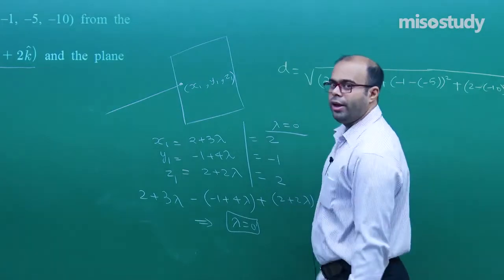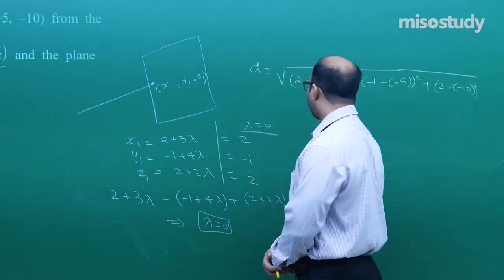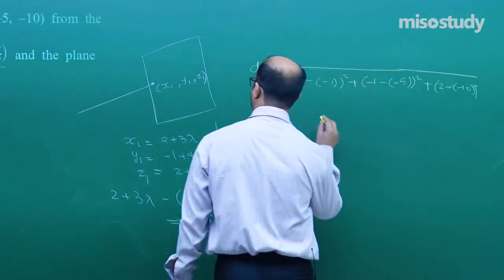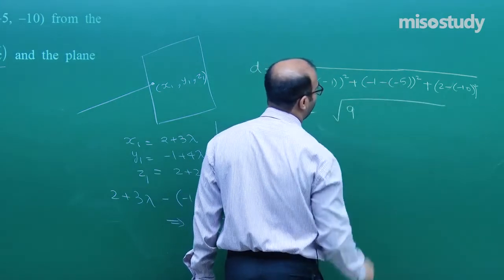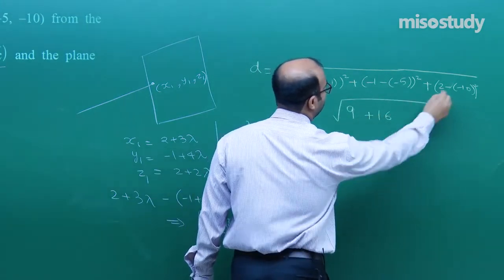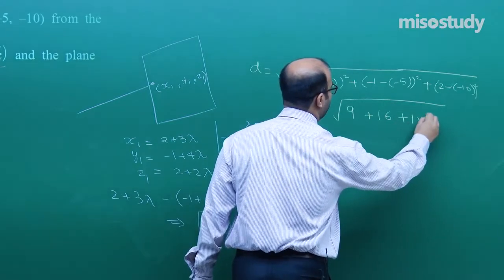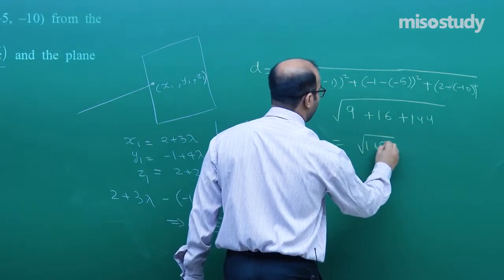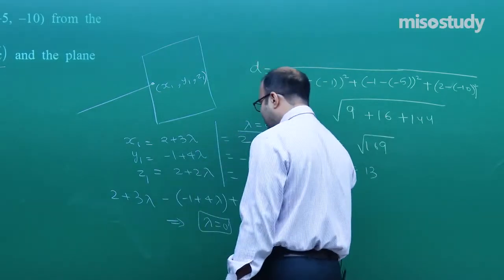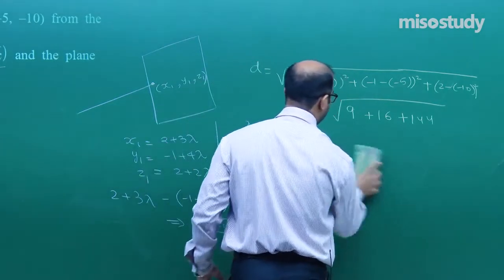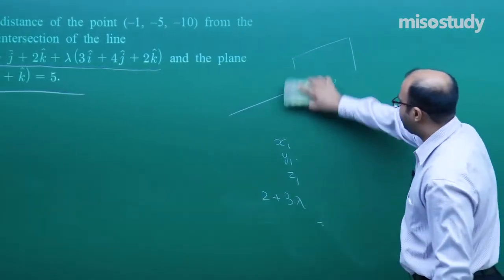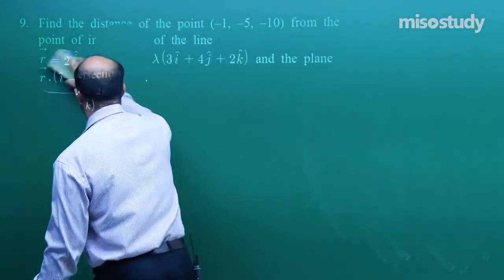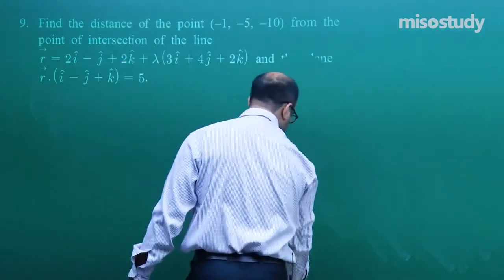So, x2 minus x1 whole square, y2 minus y1 whole square and z2 minus z1 whole square. This will come out to be root over 9, this will come out to be 16, this will come out to be 144. So, this is root over 169, which is equal to 13. So, this is the required value, or we say the distance between the 2 points. One point is given in the question and another point we have found out, as it is the intersection of the plane with the line, and the plane and the line are given to us.